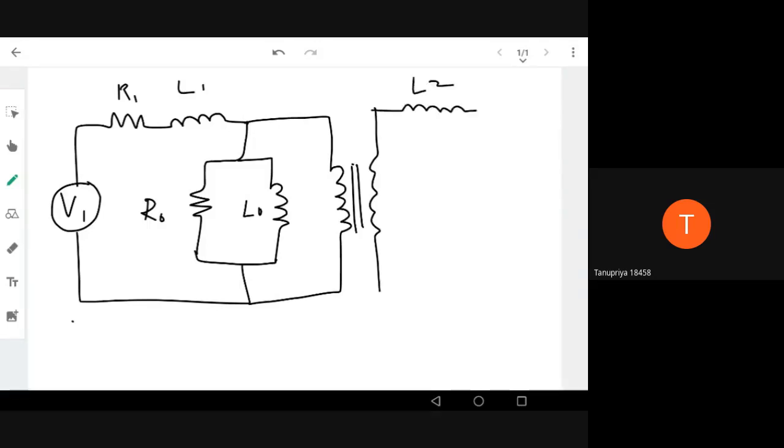This is L2, we have R2, and here we have the load. So the load is just the output of a transformer. It can be connected to another device, or to any other buses or channels or feeders, whatever. So this is R2. This is the equivalent circuit of the transformer which we are trying to analyze.